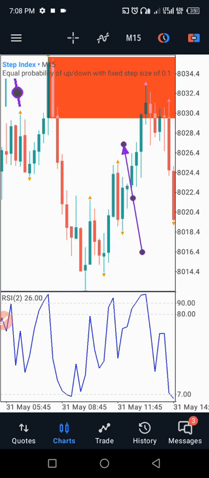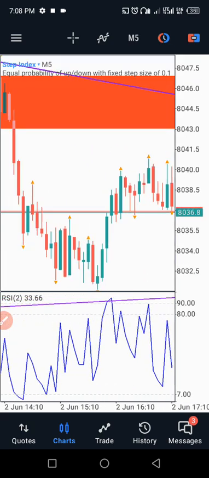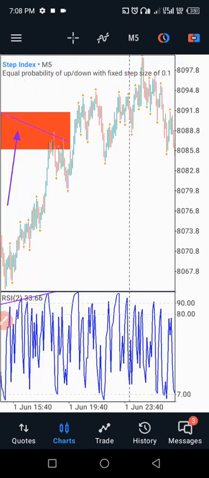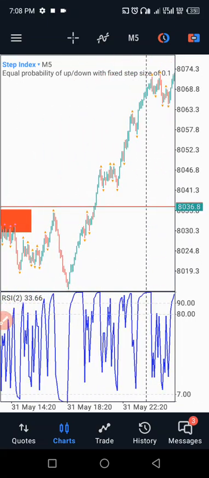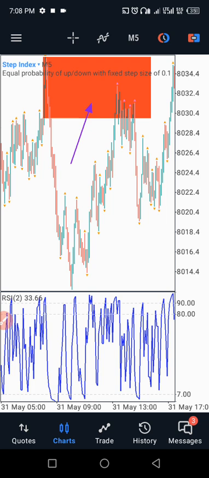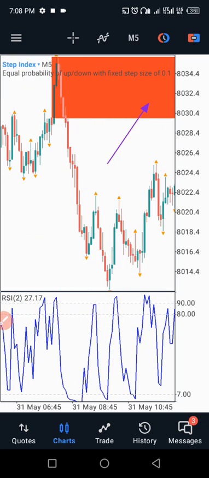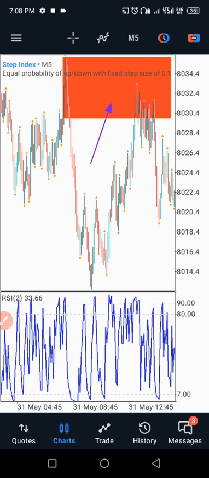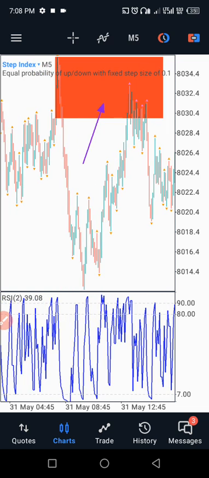We can see how price came back, but we are not to take our trade yet. We are to go to the 5 minutes time frame to look for the divergence. If we do not get to see the divergence, then definitely we are not going to be taking that trade. So we can see that this was the high here to the low here.